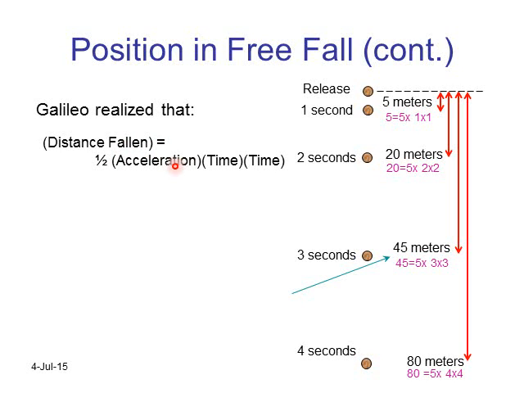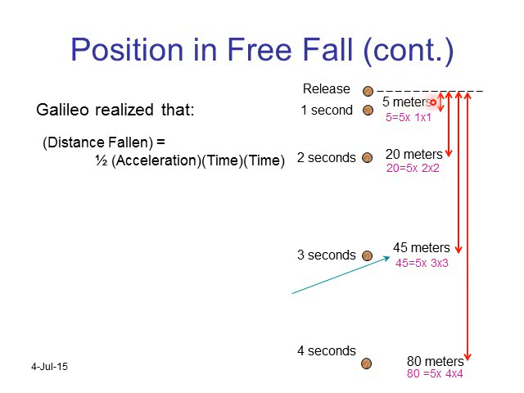We often just write g for gravity because it's so awesome, we give it its own letter. But that's plain old acceleration due to gravity. It'll be a g sometimes. You'll see that. Don't freak out. That's just acceleration, and then time squared. Remember I said he found that awesome ratio going on, and it was the square of the time. Things speed up. They go faster according to the square of the time.